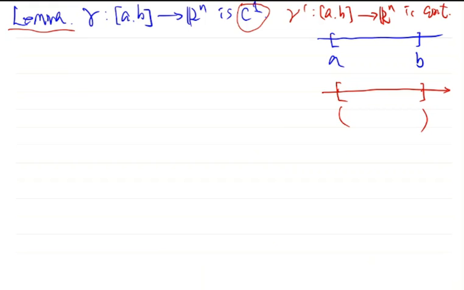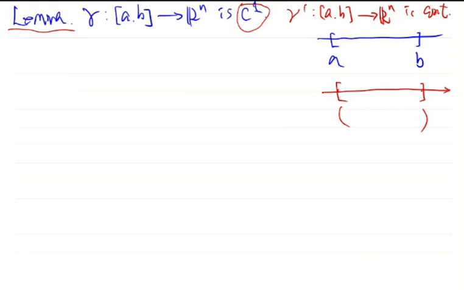That is, the C1 curve here is slightly stronger than the smoothness of the parametric curve. A smooth parametric curve does not require differentiability at the endpoints of the interval, but now we assume that it is also differentiable at the two endpoints. Such a gamma, of course, is a smooth curve, right?